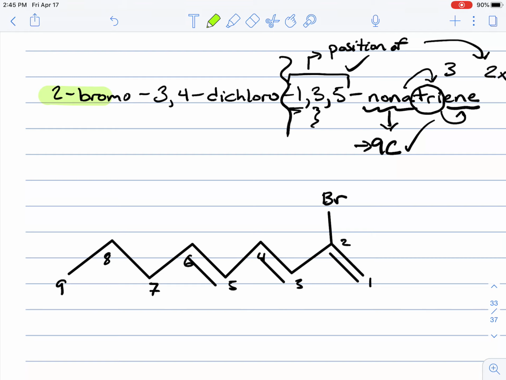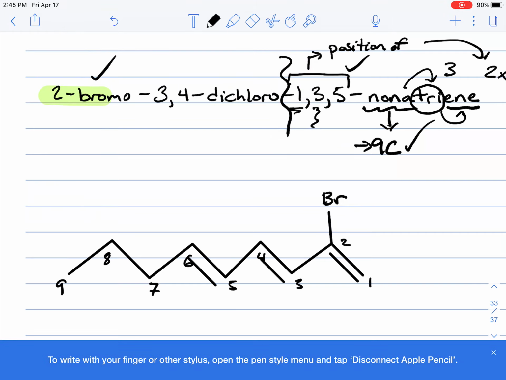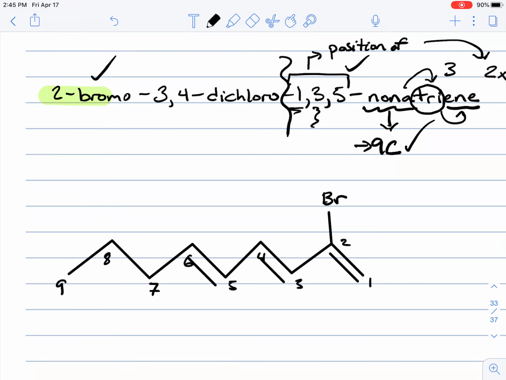All right, and so we've gone ahead and finished this. And let's go ahead and do 3,4-dichloro. So this is telling me that I have 2 chlorines that I need to place. And the position of those 2 chlorines is on carbon 3 and carbon 4.